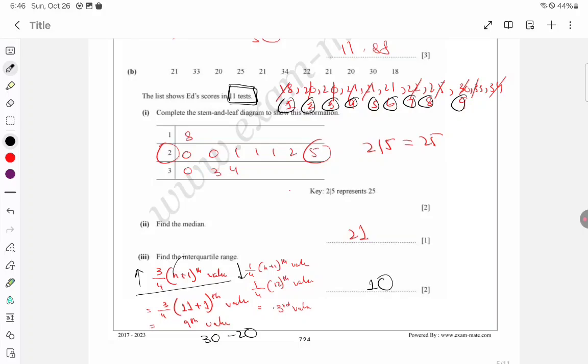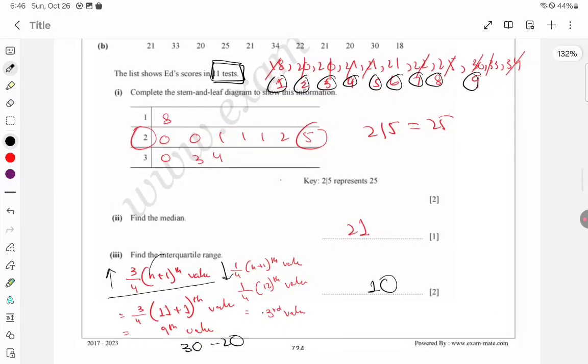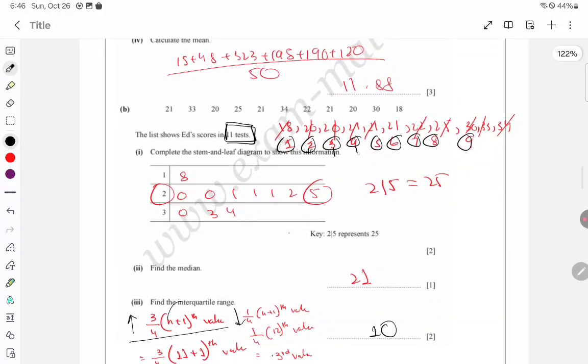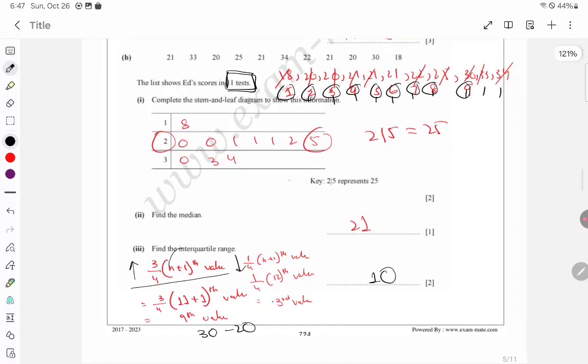Since it is 1, 2, 3, 4, 5, 6, 7, 8, 9, 10, 11, this is an odd case. We add one value, and if it's an even case, we don't need to add plus 1.